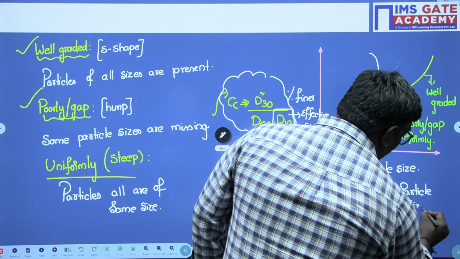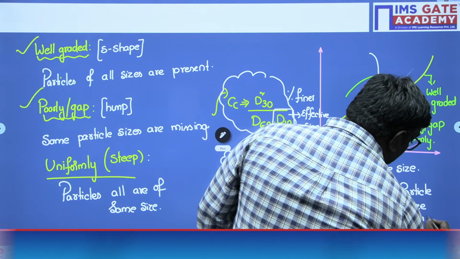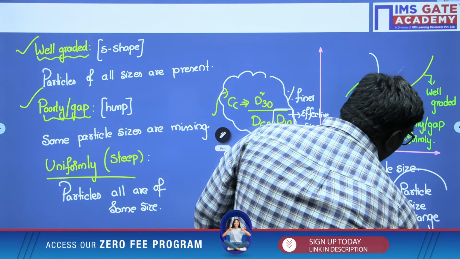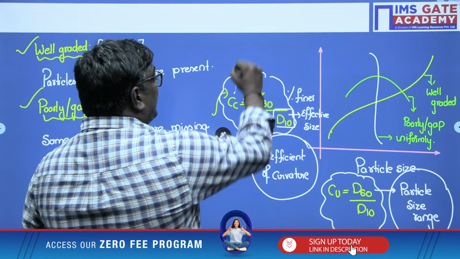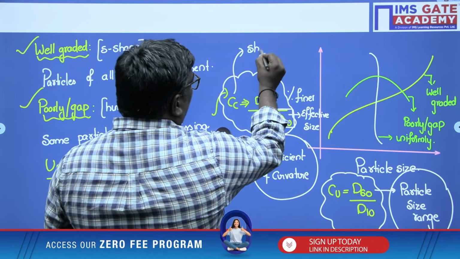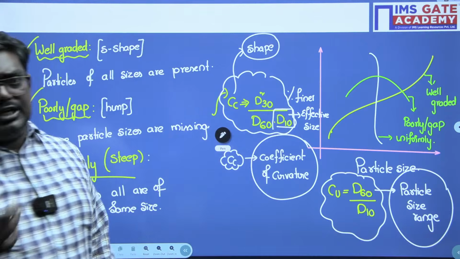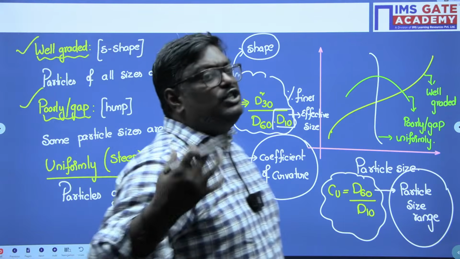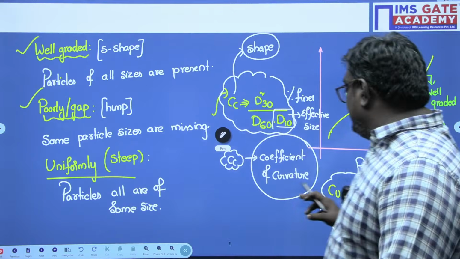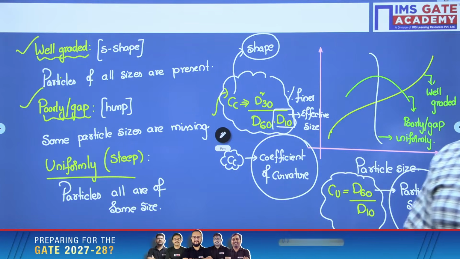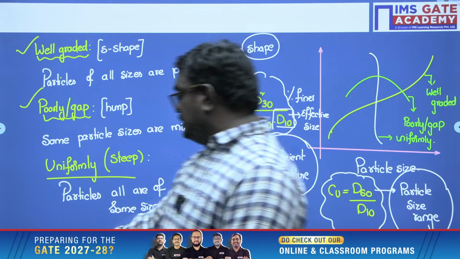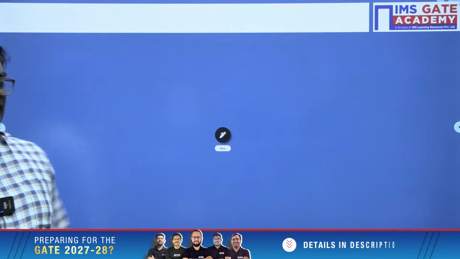D60 by D10 gives you an idea about the particle size range, whereas CC gives you an idea about the shape. These are the two coefficients which you have to study. And remember, D10 is nothing but the effective size. I hope you are clear, my dear students.